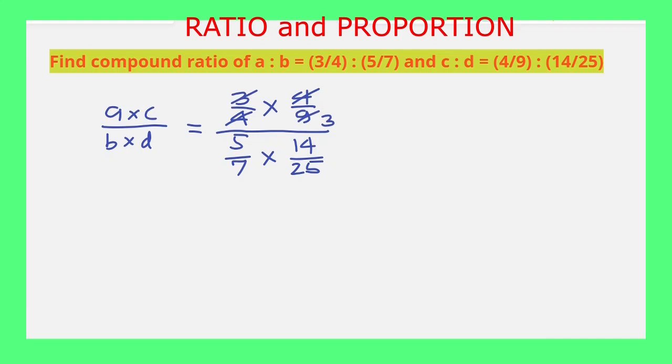Similarly, in denominator, 5 cancels 25 for 5 times and 7 cancels 14 for 2 times.